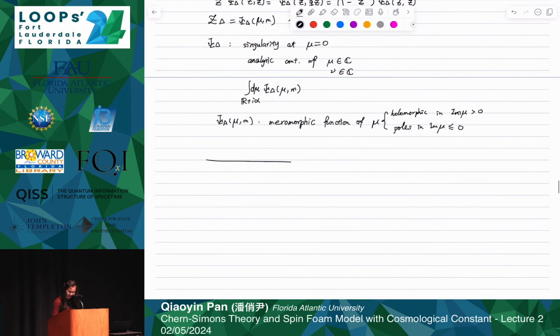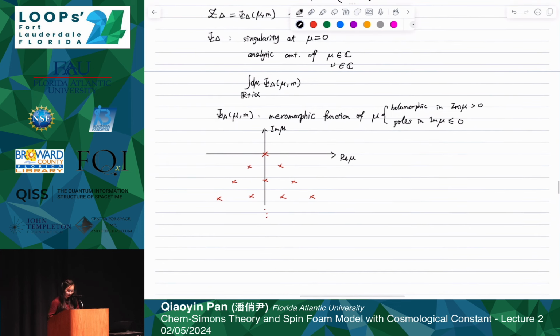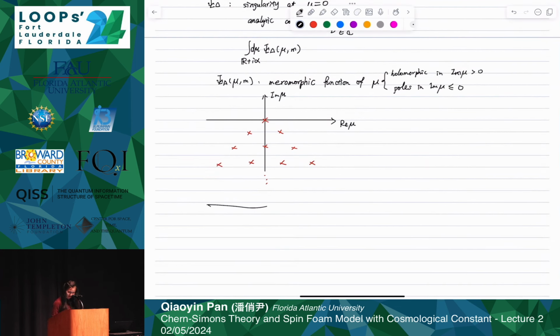And if I draw the location of where the poles are, then I have axes real mu, imaginary mu, and the poles are at the origin, and then this is how the poles are located. It's like this pattern, and goes on. So this means that I can just shift the integration contour if I want to do the integration over this function. Here's the real line; instead of integrating along the real line, I can shift it above.